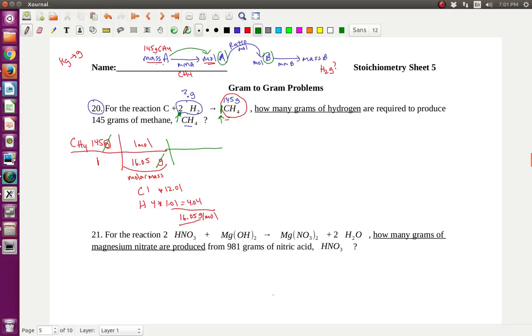And since hydrogen is the question, it's what I want, it needs to be on top, and also I need to be able to cancel out the methane. So I use 2 moles of hydrogen, and I make 1 mole of methane. Notice the methane is on the bottom, and it's on the top over here, so I can cancel them out. So now I'm going to cancel that out here, and the mole unit cancels out. So I have moles of hydrogen now.